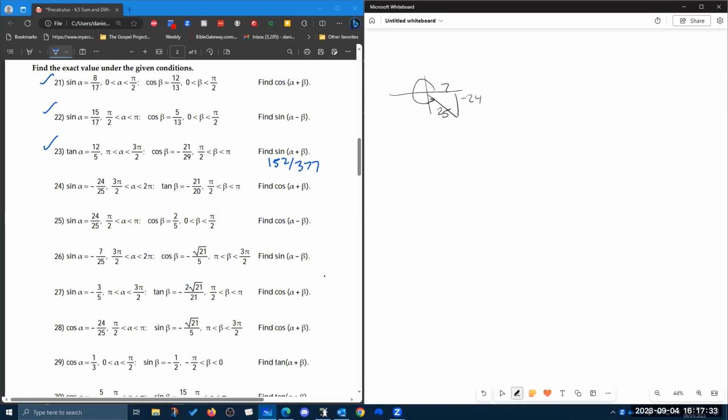And we are in quadrant 2 for beta, and we have a tangent value of negative 21 over 20.